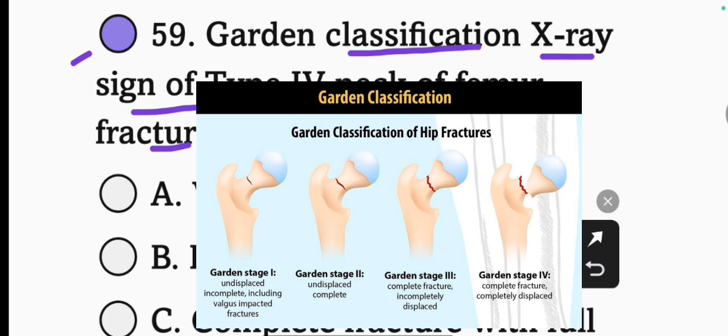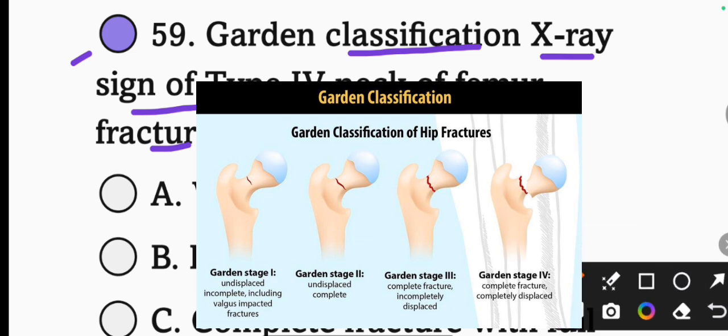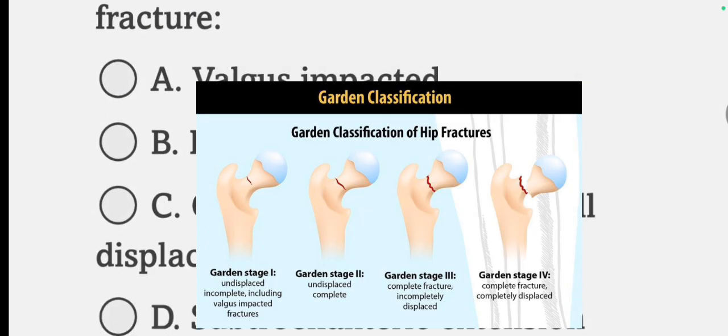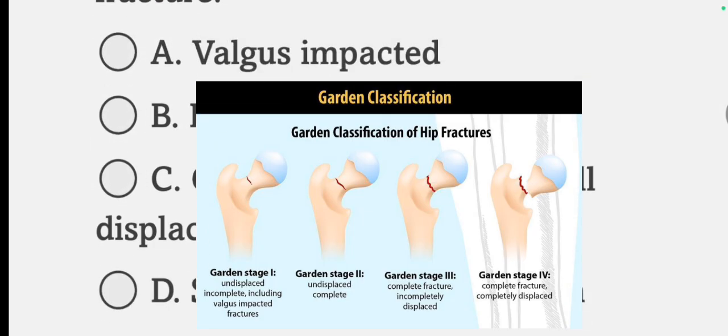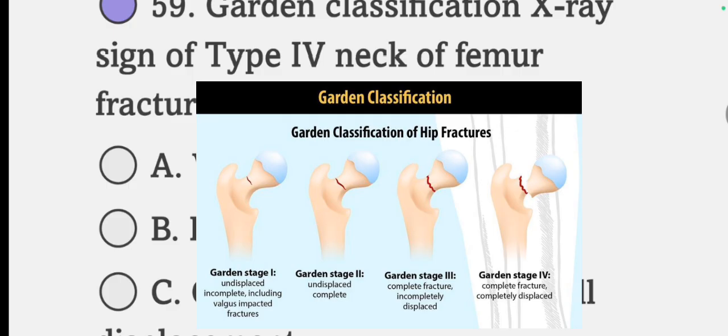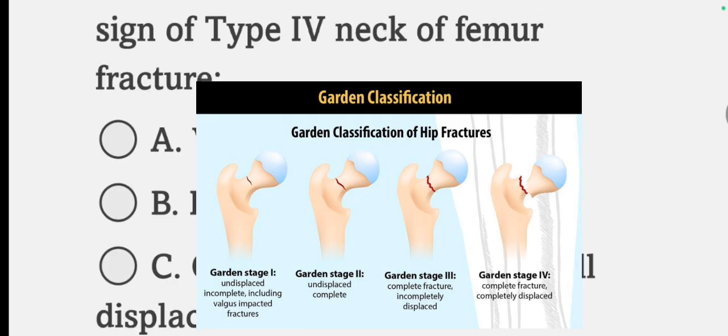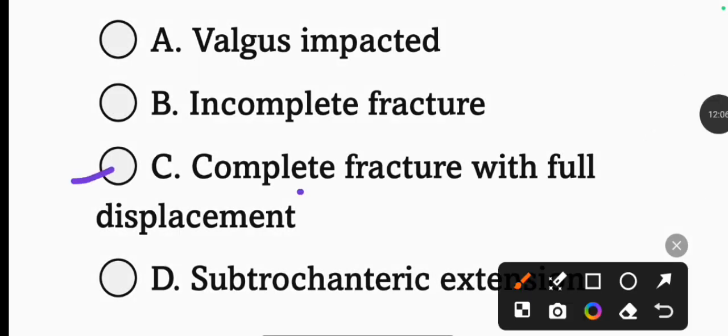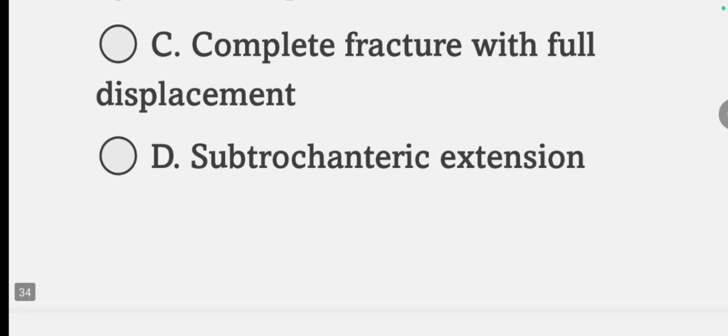Type 1 is valgus impacted, and type 2 is complete but undisplaced. Type 3 is partial displacement and type 4 is complete displacement. The question is asking type 4 neck of femur fracture, so type 4 is a complete fracture with full displacement. Three option given is the correct option. Okay, I think it is clear.